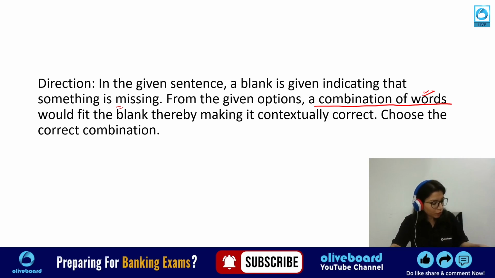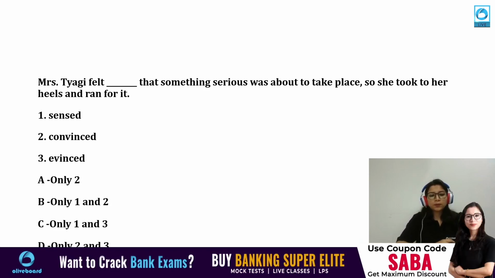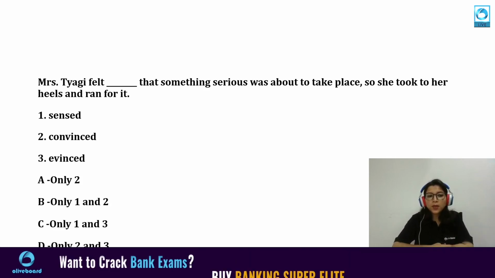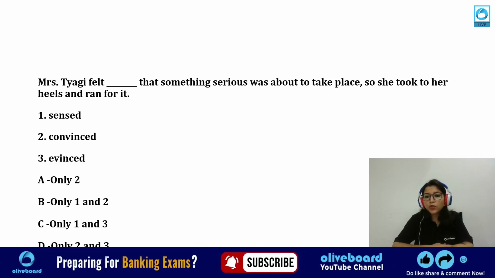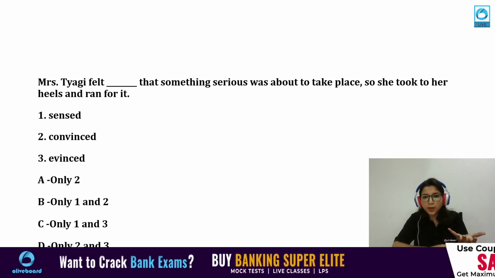Let's see the question. Question देखते हैं. The first is, yeah, I hope the sentence is visible to you. Mrs. Tyagi felt dash that something serious was about to take place, so she took to her heels and ran for it. मतलब उन्हें ये पता चल गया था.